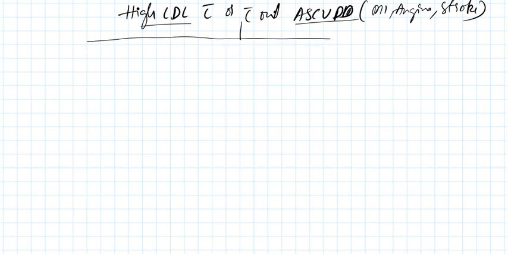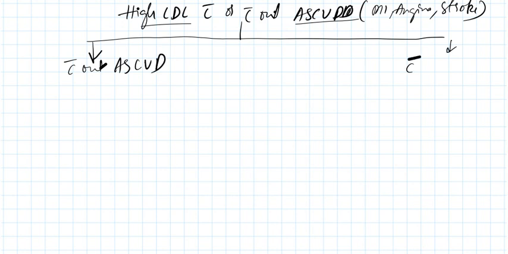So we will just decide whether the patient is without ASCVD or with ASCVD. Now, if the patient is without ASCVD and LDL less than 190, then what will you do?